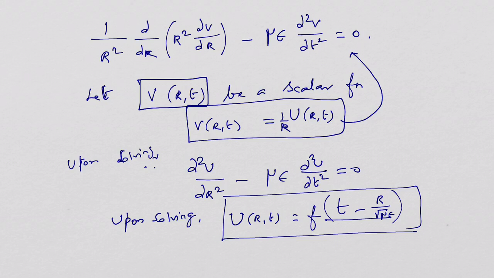So this is an important relationship based on the assumption V of r comma t is 1 by r into u of r comma t. Substituting this into the homogeneous equation and solving, we shall arrive at the relationship.